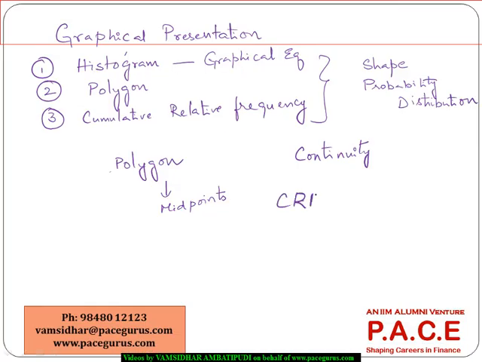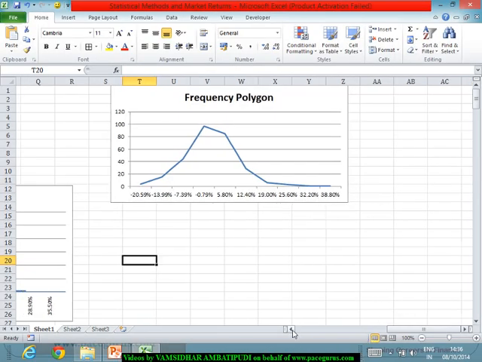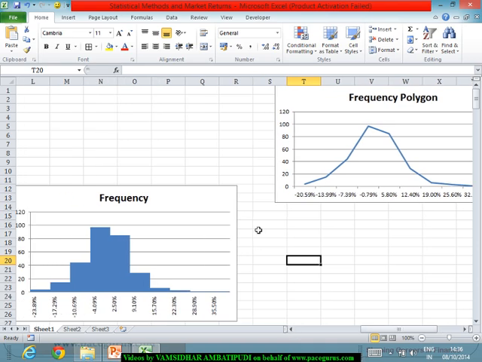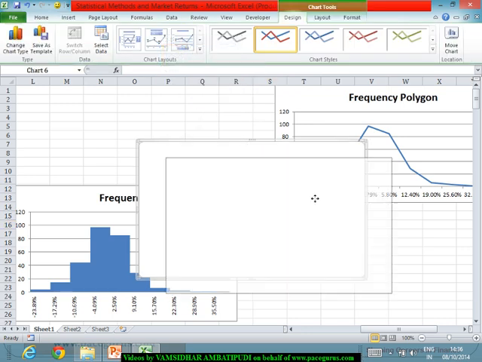Once I go with a cumulative relative frequency distribution, all I can look at is, I'll do a plot. I'll take a line chart again, a fresh one.